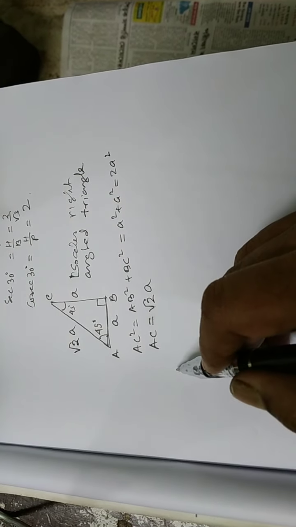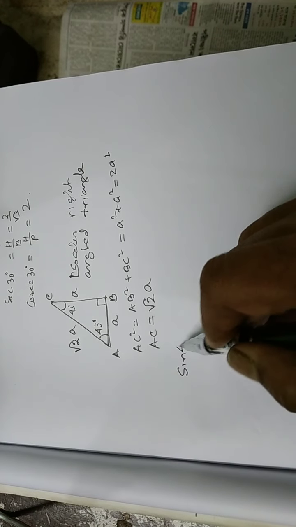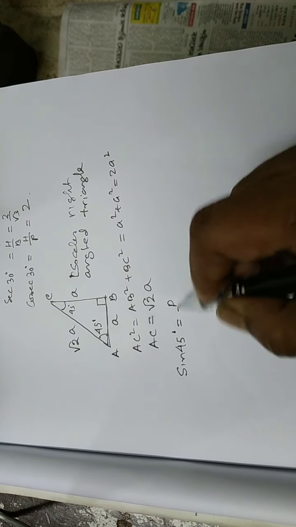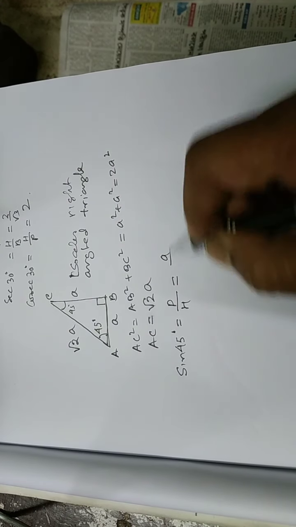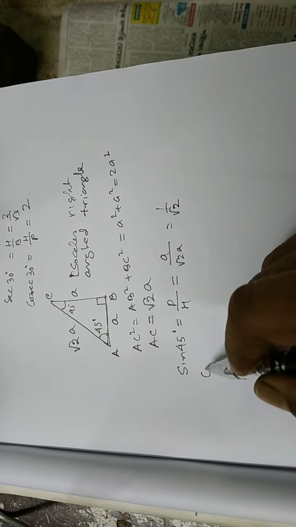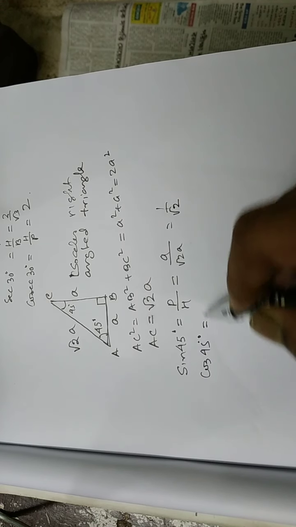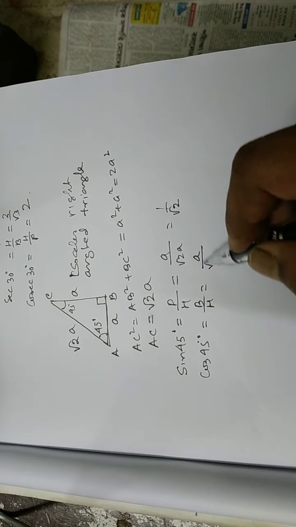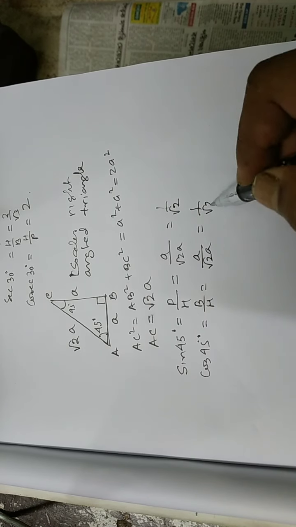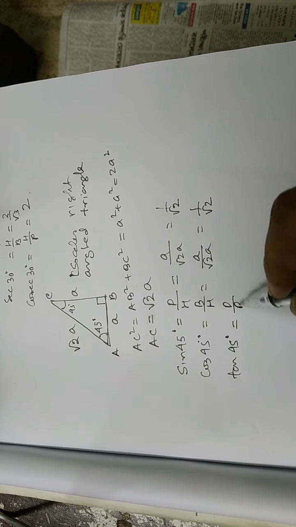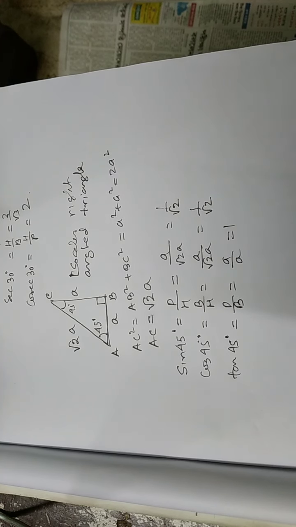So from this triangle you can easily get that sine 45 degree equals P by H, that is A by root 2A, that is 1 by root 2. Cos 45 equals B by H equals A by root 2A, that is 1 by root 2. Tan 45 equals P by B, A by A, equals 1.